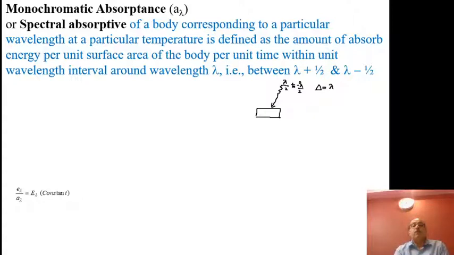The spectral absorptivity of the body corresponding to a particular wavelength at a particular temperature is defined as the amount of absorbed energy per unit surface area of the body per unit time within a unit wavelength interval around wavelength lambda, between lambda plus half to lambda minus half. Its unit will be the same. It is also watt per meter square.